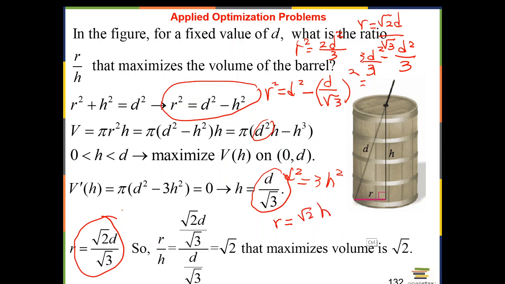That means buy a barrel that is wide, not very tall, because the radius is bigger than the height. How much bigger? That much, about 1.4. So the radius has to be about 1.4 times bigger than the height.